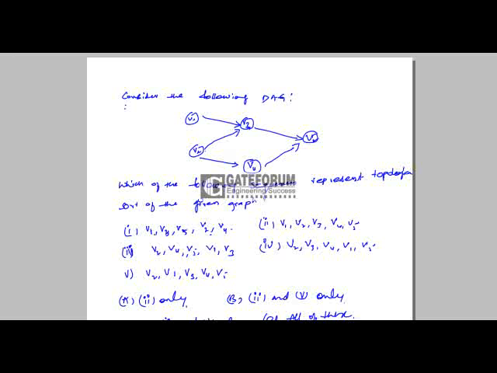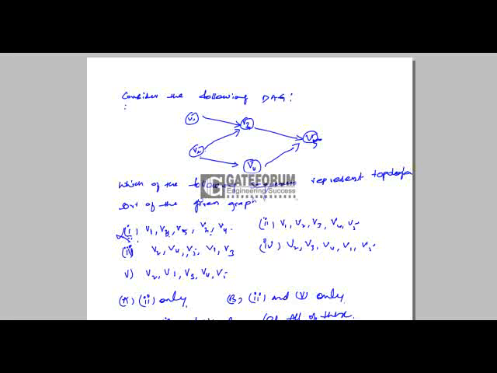There is a path from V1 to V3. There is a path from V2 to V3, but here V3 came first and V2 came next. So this cannot be the topological sorting. We can eliminate the first one.